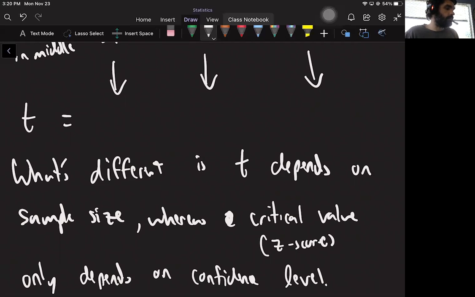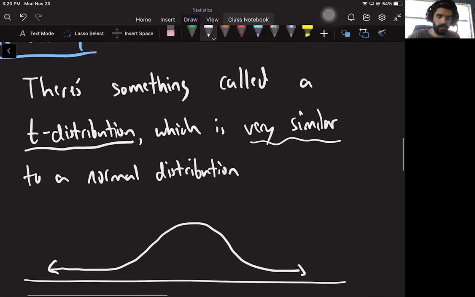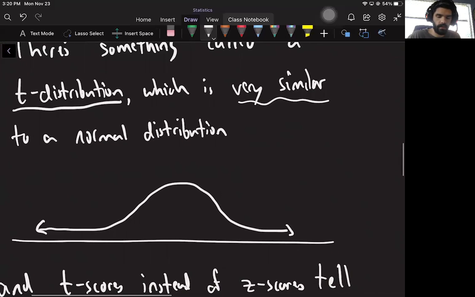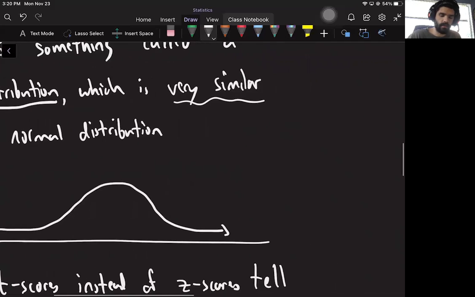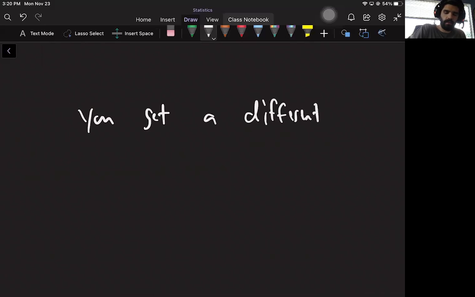And the reason behind that is very technical, but what's going on is I sort of lied. There's not just a single t-distribution. Depending on your sample size, you get a different t-distribution.